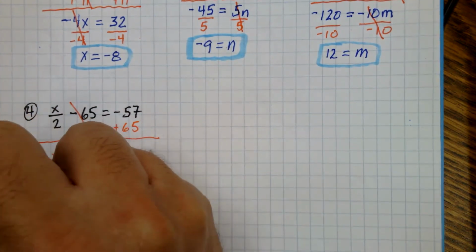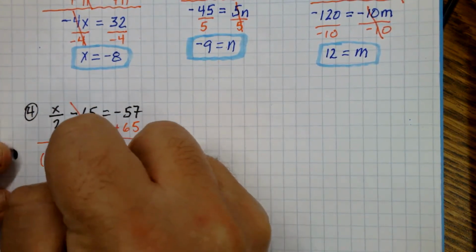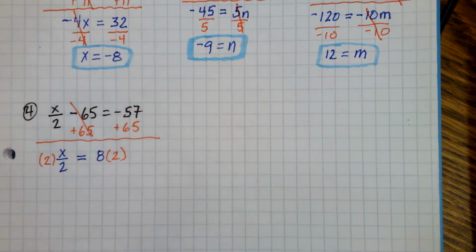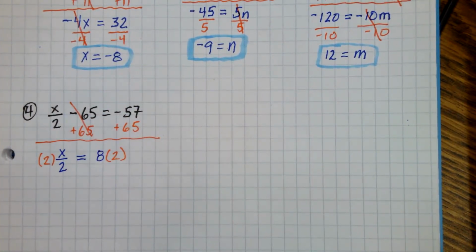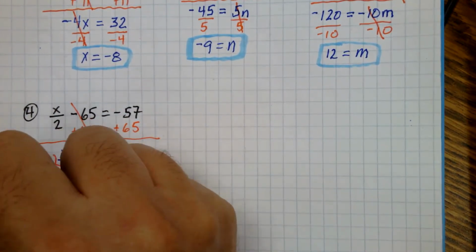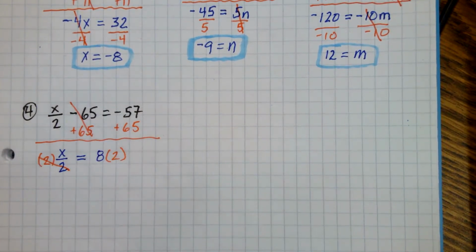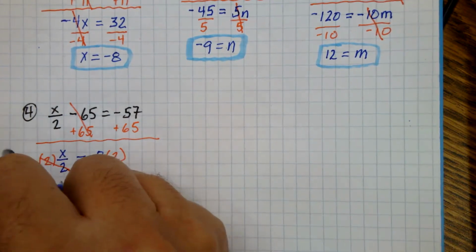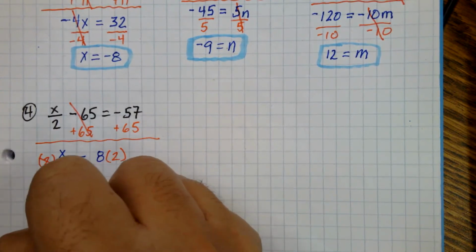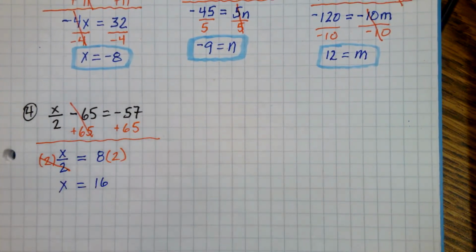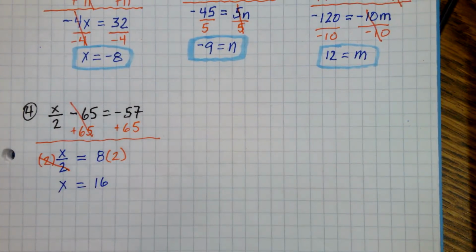Multiply. We're going to multiply on both sides by 2, because the 2 that we multiply cancels out the 2 in the denominator. And we end up with x equals 16, because 8 times 2 is 16.